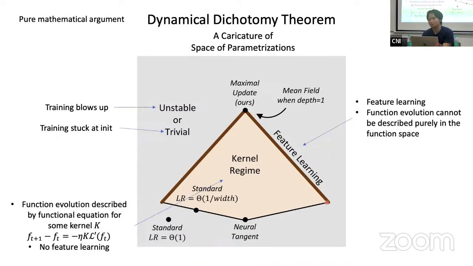So let me just reiterate: feature learning here means, at the very least, that when you look at, for example, the Gram matrix of the last layer embedding of all the inputs, so this is roughly a notion of a matrix of distances between the embeddings, then this Gram matrix should evolve over the course of training.